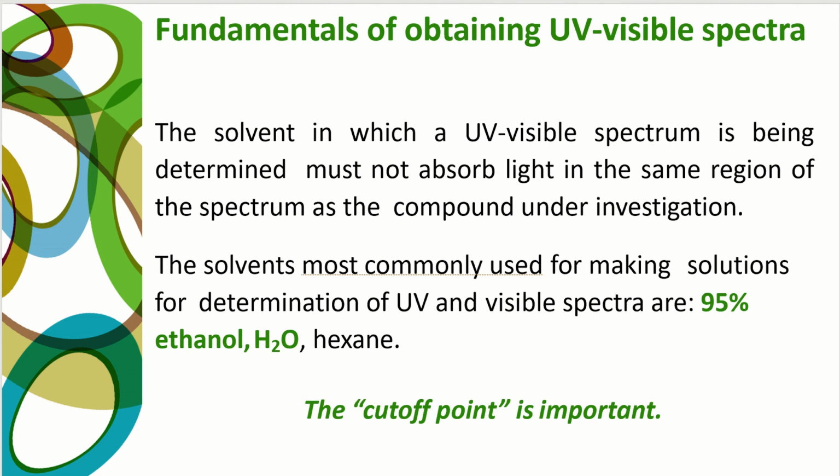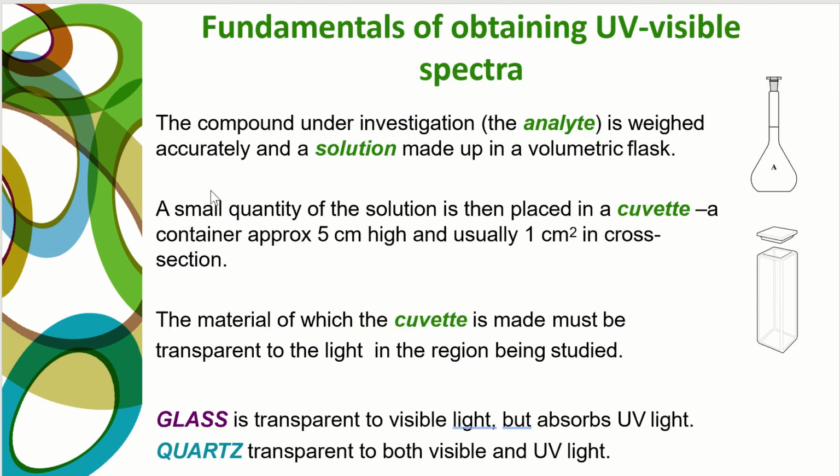All right, so the compound under investigation, which we shall call the analyte, is weighed accurately and a solution made up in a volumetric flask. I'm sure you know what a volumetric flask looks like. A small quantity of the solution is then placed in a cuvette, as seen here. A cuvette is a container approximately 5 cm high and usually 1 centimeter square in cross section.